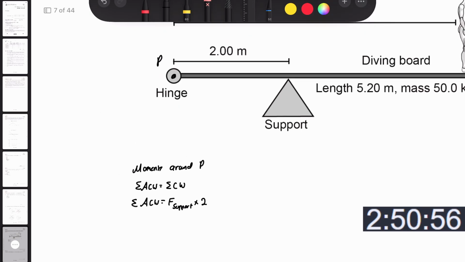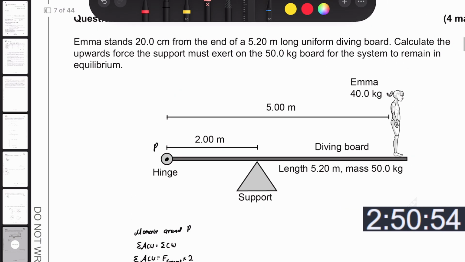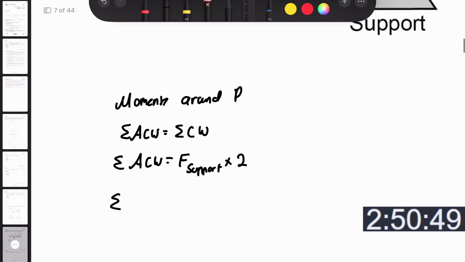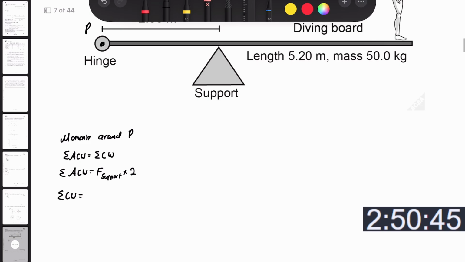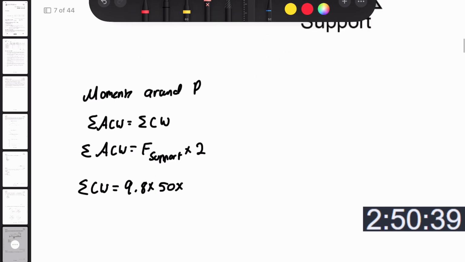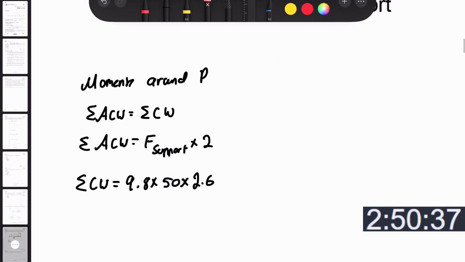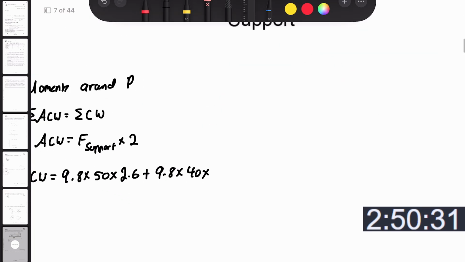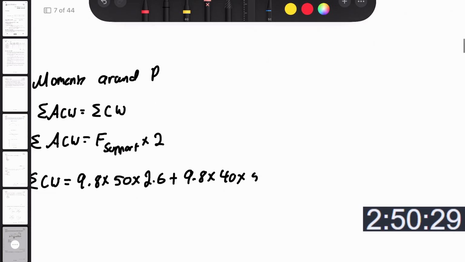So it's the force of the support, and then the radius is 2 meters. So then we know that the sum of the clockwise is going to be equal to, let's do the mass of the diving board first. So 9.8 times 50 times half of the length, which is 2.6, plus 9.8 times 40 times 5 meters.